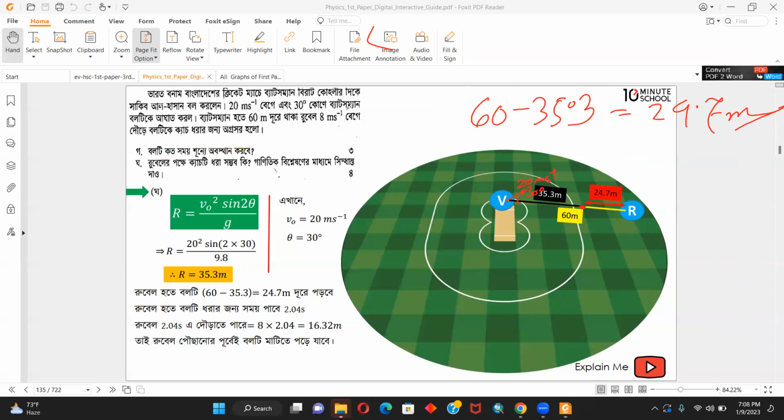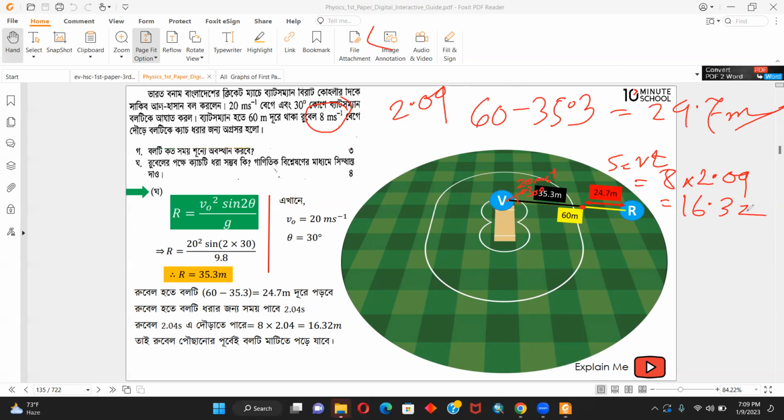The question has said that his velocity is 8 meters per second, and he will get a time of 2.04 seconds. Obviously, it is a constant velocity. So it will be S equals Vt, which equals 8 times 2.04, which equals 16.32.